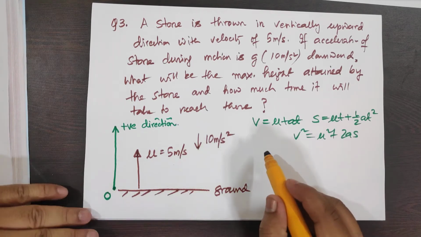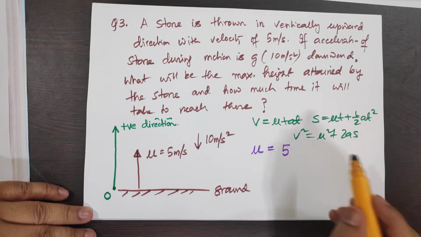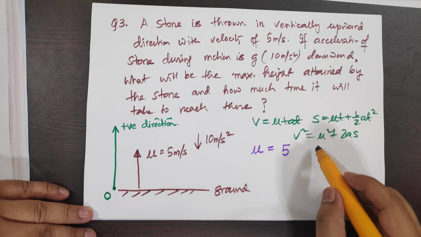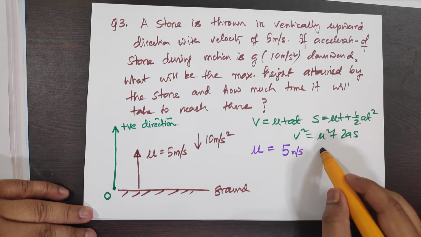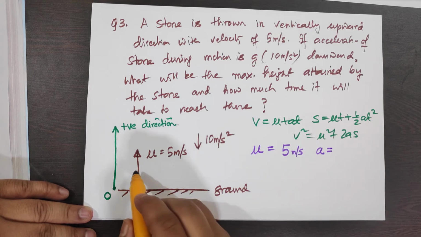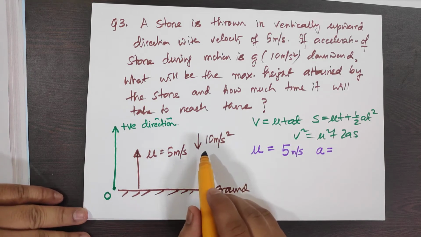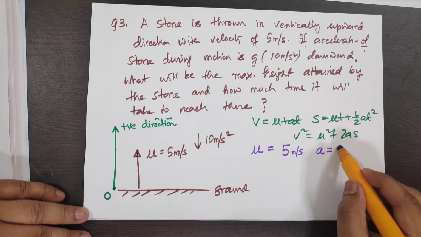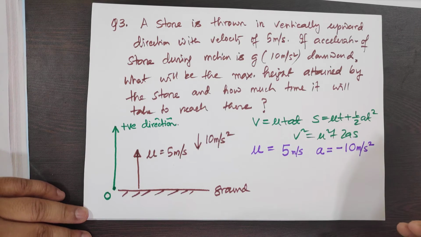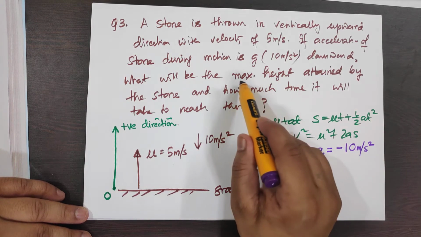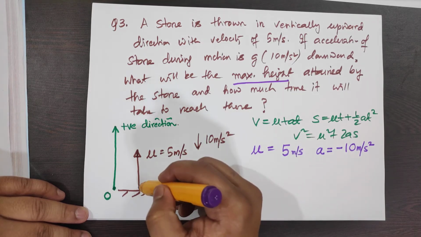What is given here? u is equal to plus 5 meter per second, SI system, and acceleration, as I have chosen the direction upward as positive and acceleration is downward, so I have to write here minus 10 meter per second square. What will be the maximum height attained by the stone? How much time does it take to reach there?